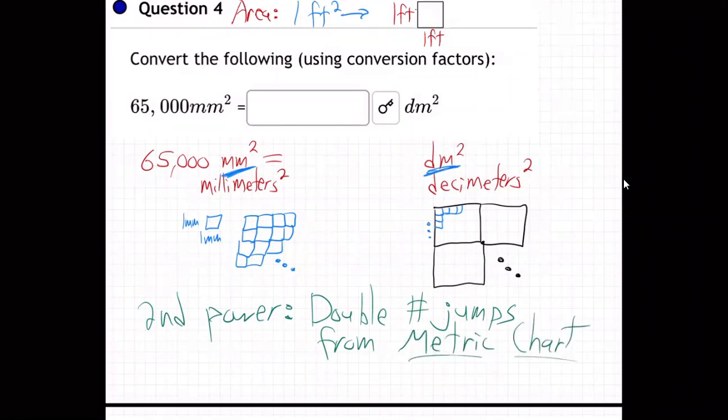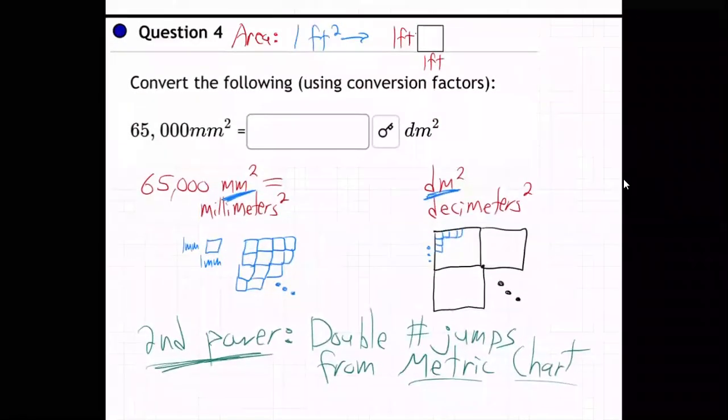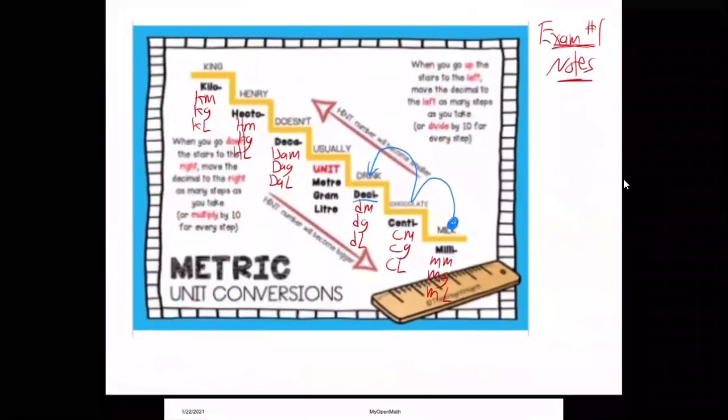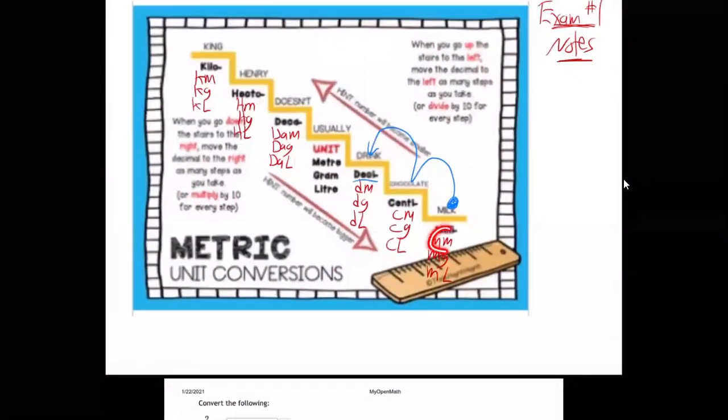When you have a second power, you double the number of jumps from the metric chart. So let's go look at the metric chart. Again, we're going from square millimeters to square decimeters, not deca, but decimeters.